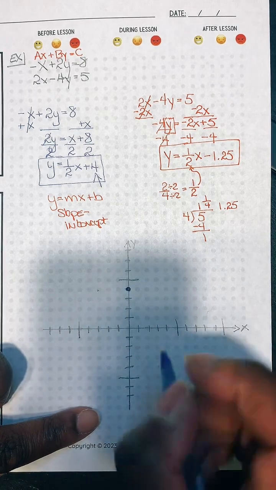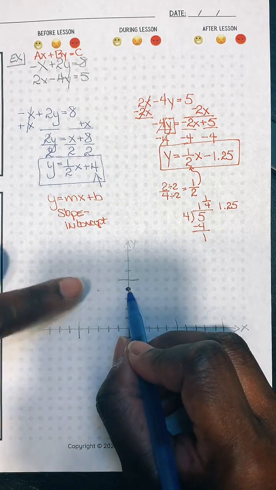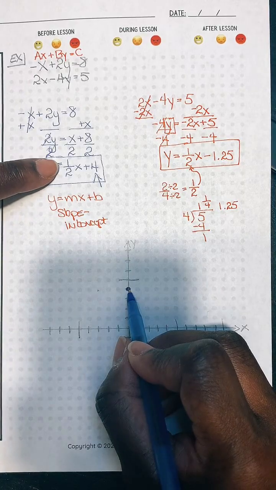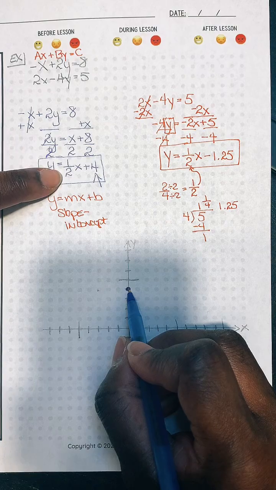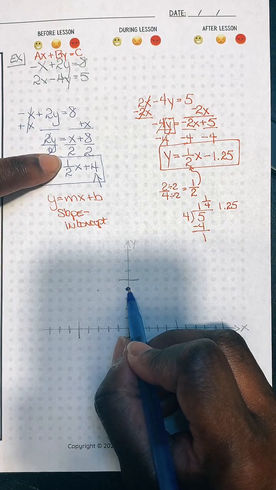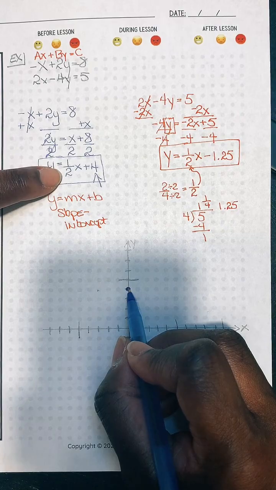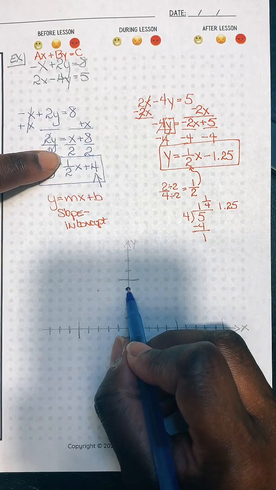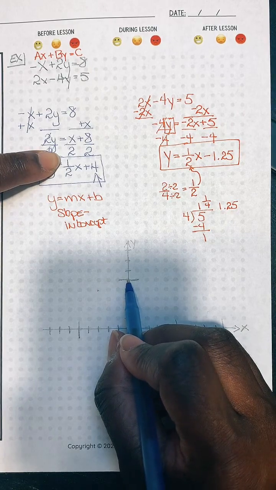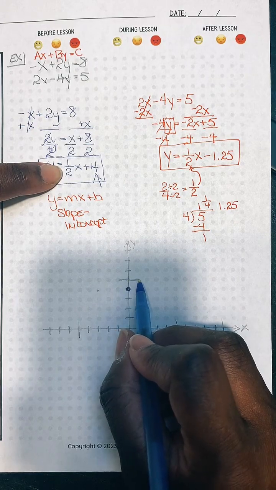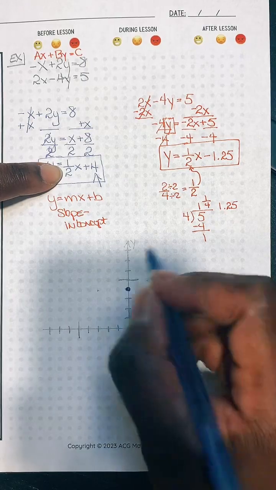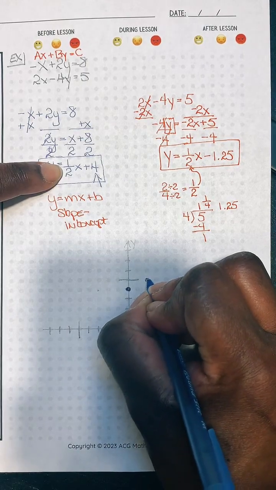From this point, I'm going to look at my slope. My slope is 1 over 2. So remember, slope is rise over run. So I'm going to rise up 1, and then I'm going to run, since it's a positive 2, to the right 2, and make my point.